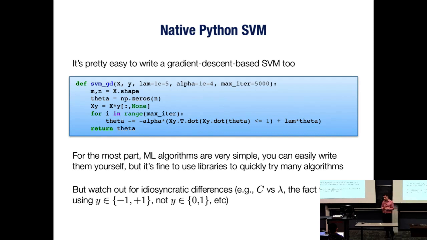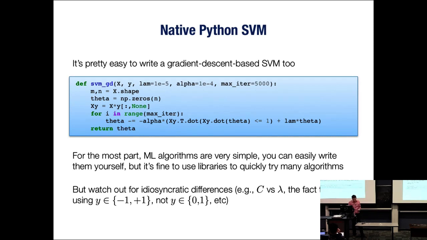It's very common to use 0 and 1, especially by default with the probabilistic interpretation, but I think this makes the math a lot nicer, and makes things look a lot more similar, in fact. So if you get your y's as 0 or 1, make sure to multiply them by 2 and subtract 1 to convert them to -1 and +1.